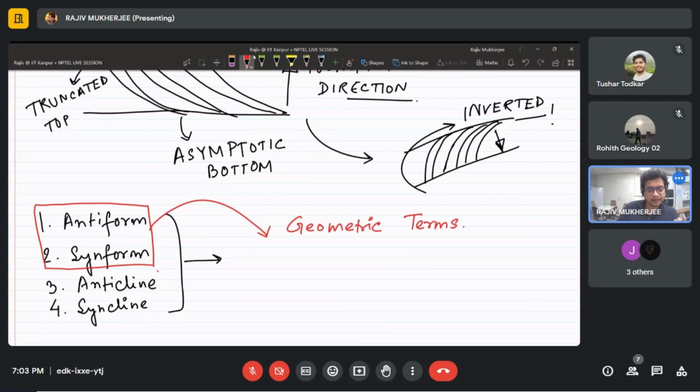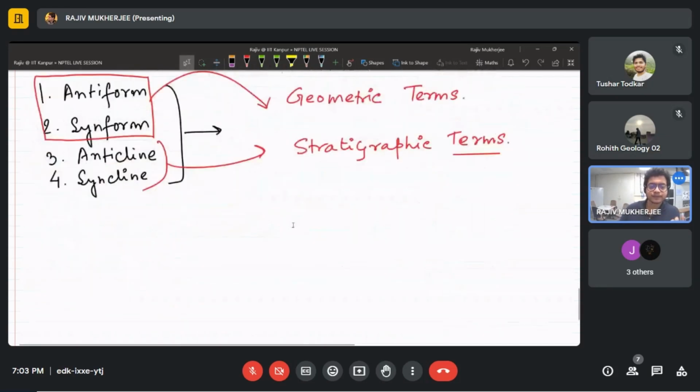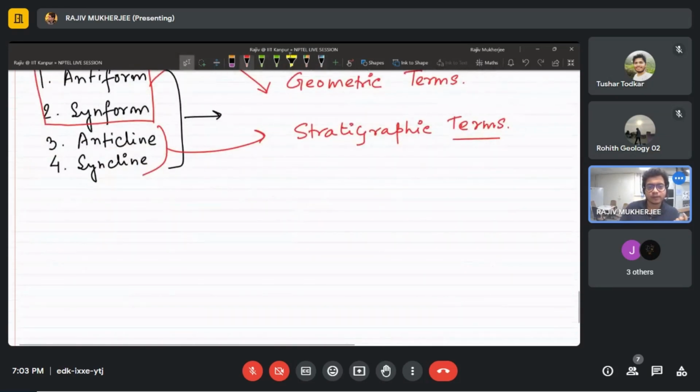And anticline and syncline are stratigraphic terms. Okay, how so? So first let's talk about the geometric terms.